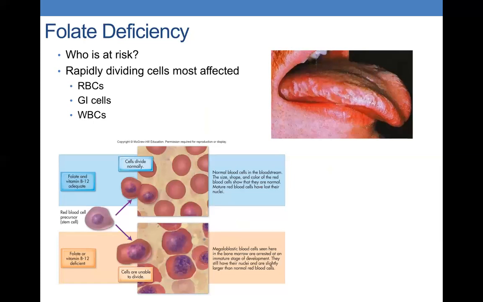RNA continues to be produced, and the cells grow very large and immature, and sometimes can't even leave the bone marrow. GI cells are gastrointestinal cells, and when they suffer from folate deficiency, it can lead to malabsorption and diarrhea. And then WBCs are white blood cells, which would lead to decreased immune function.